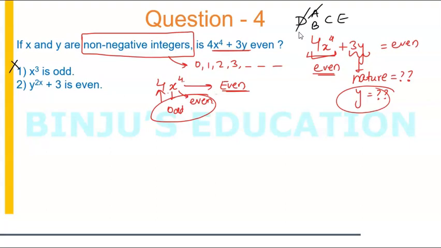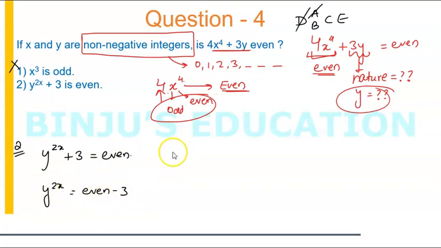Okay, let's keep aside everything else. Forget about B, C, and E. But A and D are definitely out. Now, the second statement says that y to the power 2x plus 3 is even, which means y to the power 2x is equal to even minus 3, which means y to the power 2x is equal to odd, which means y to the power even is equal to odd.